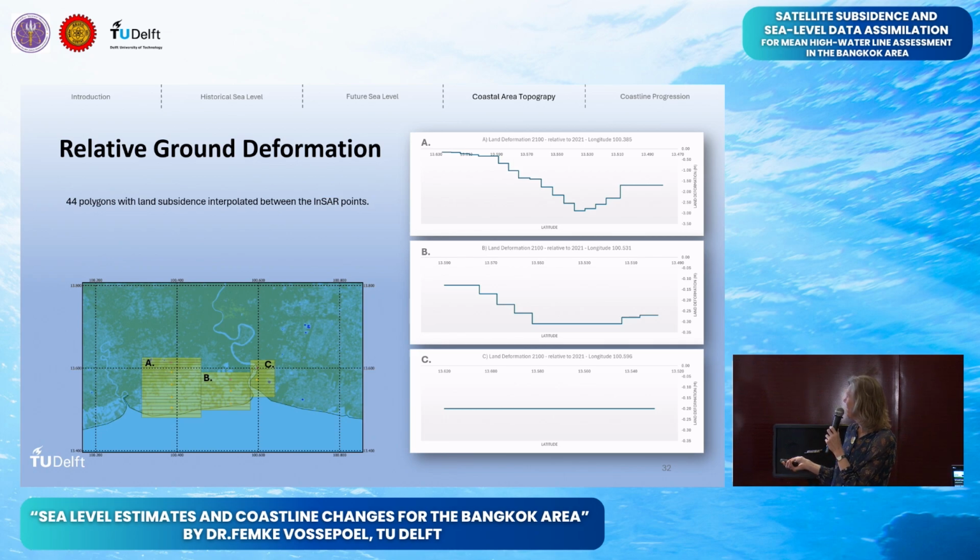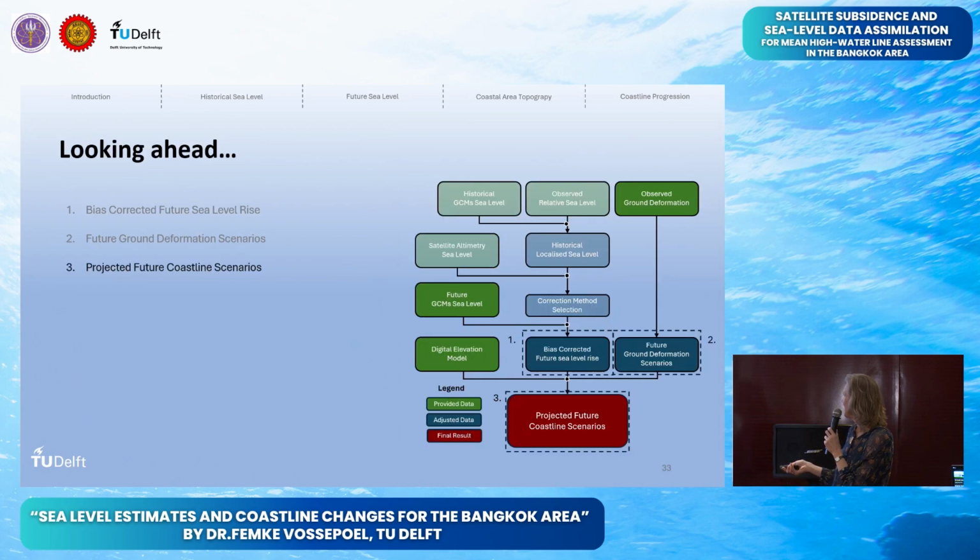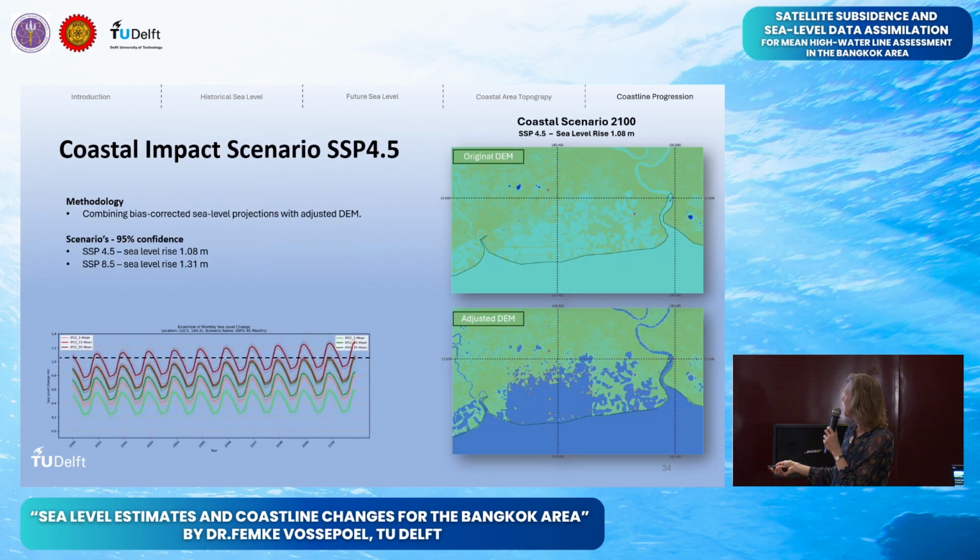And when you combine this with the sea level analysis, and that's the last step, then you can actually see how the DEM would change if the sea level would change, if the subsidence would change within those polygons that Tijmen defined.